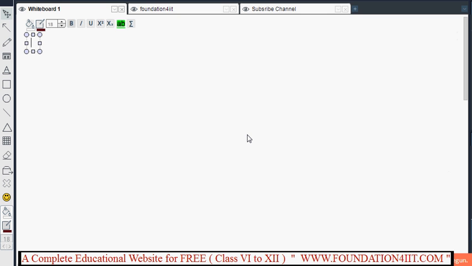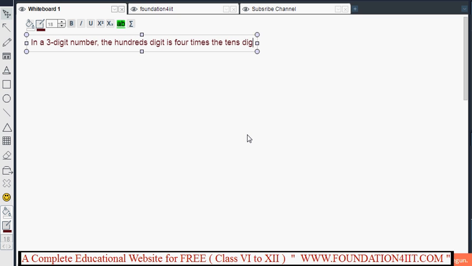In a 3-digit number, the hundreds digit is 4 times the tens digit, while the units digit is thrice the tens digit.